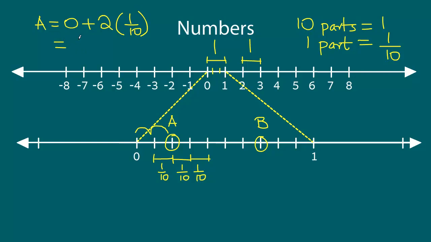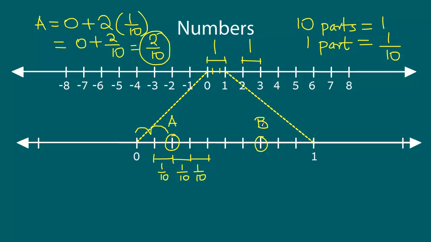So in other words, it will be 0 plus 2 over 10, or simply 2 over 10. So A is 2 over 10. So this is kind of surprising because we all are integers, they look like this, right? And now we have found a point A within 0 and 1 that looks like this, right?